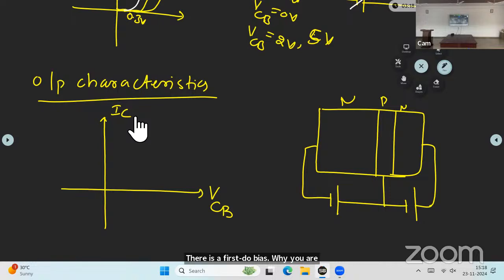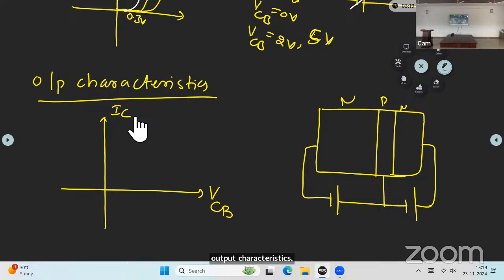To keep it forward or reverse. If the diode is forward biased, then what is next? Even if you increase the voltage, or at low voltage, it is still forward biased. So the voltage is not affecting the output characteristics. Which parameter do we need to keep constant?